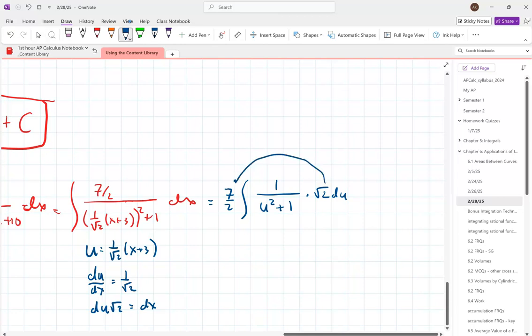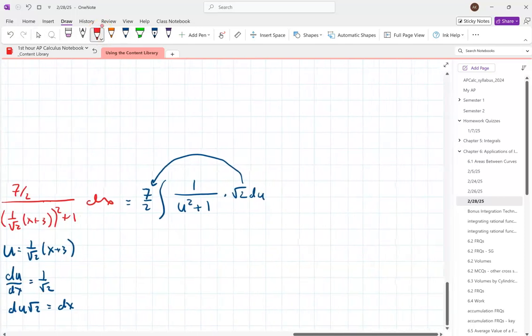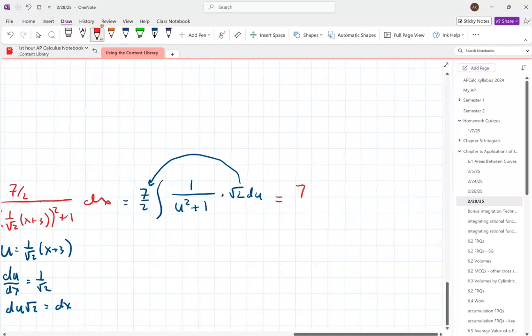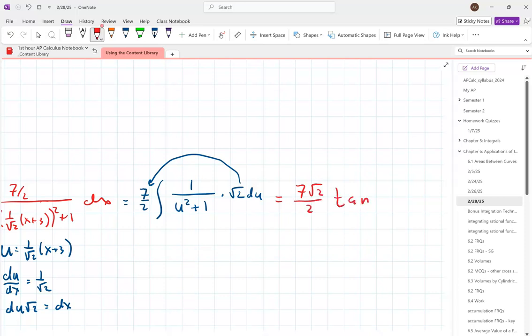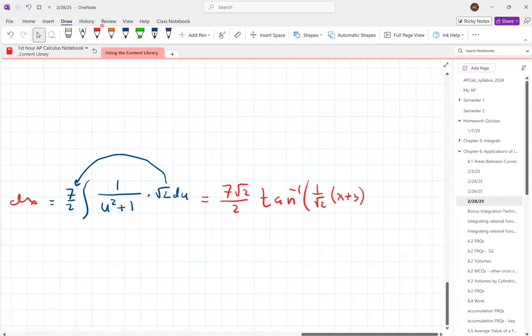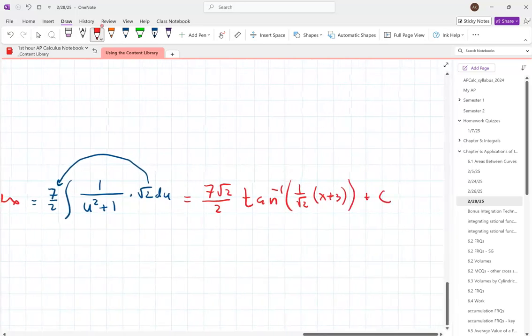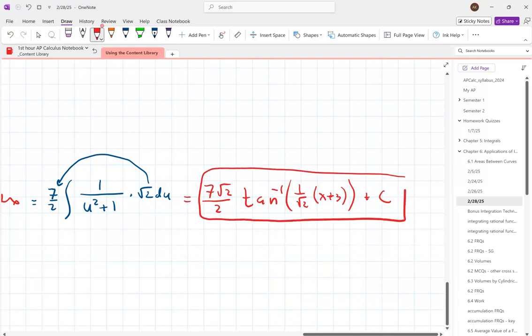I'm just going to pull that root 2 out front with the rest of the junk. And 1 over u squared plus 1, that is tan inverse. And I'll go ahead and substitute my x back in, and then the plus c at the end.